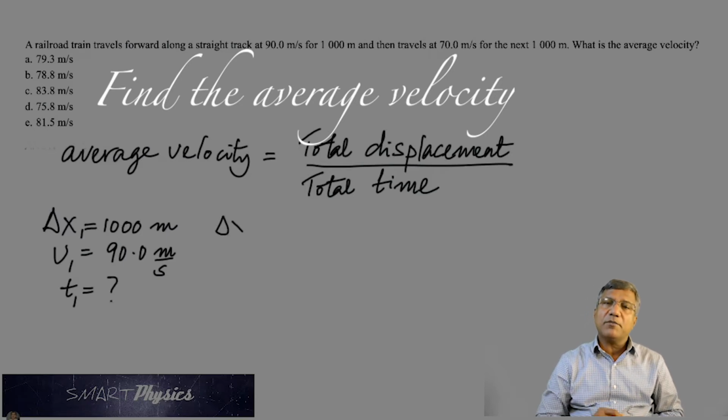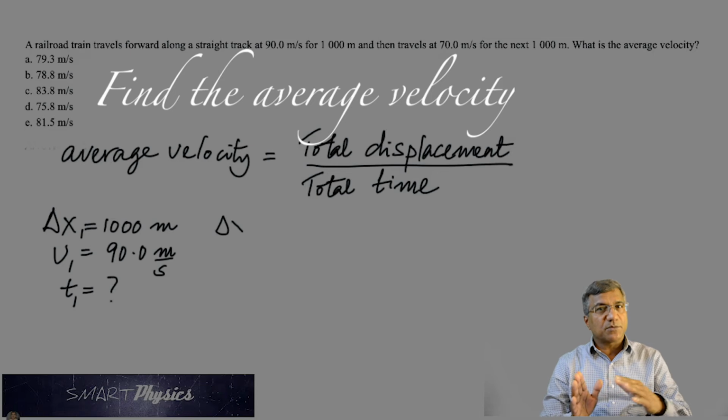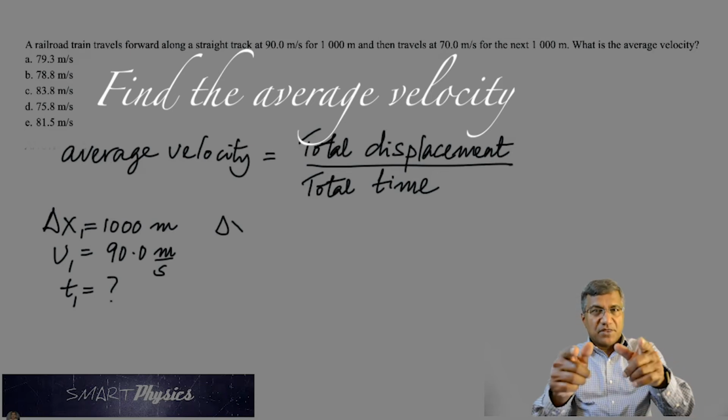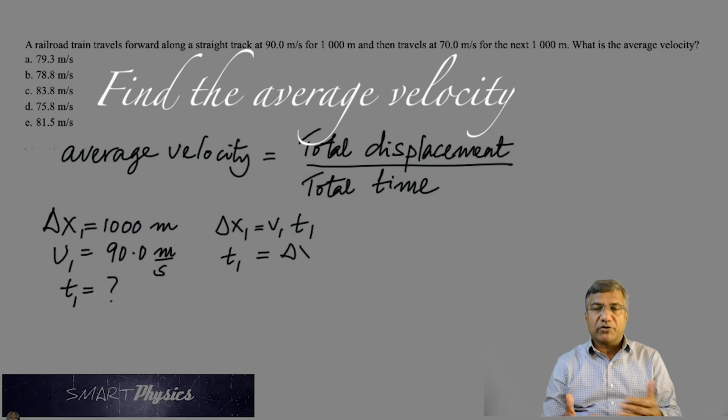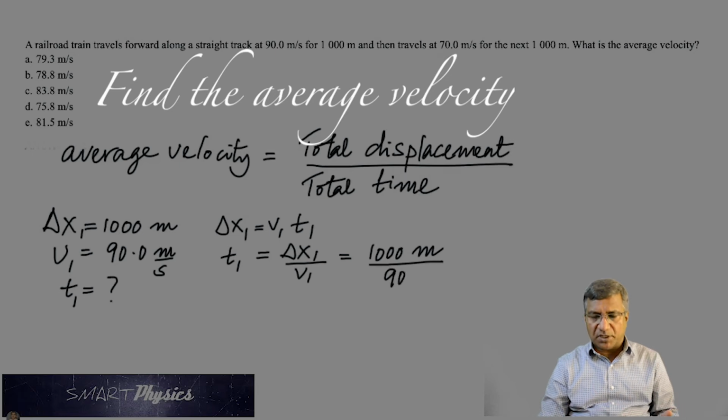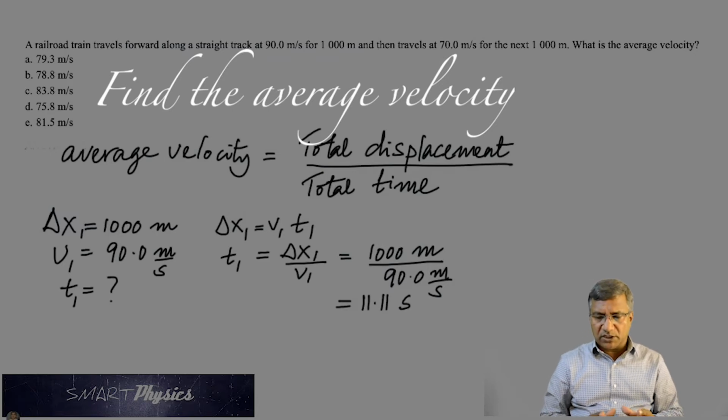Remember the formula which you can only use when it's moving at constant velocity? This is that case. Because delta x is velocity multiplied by time, rearrange that to get time as displacement by velocity. That gives 1000 divided by 90, which will give the time as 11.11 seconds. Okay, I'm going to change that to 11.1. Anyway, you got the idea.